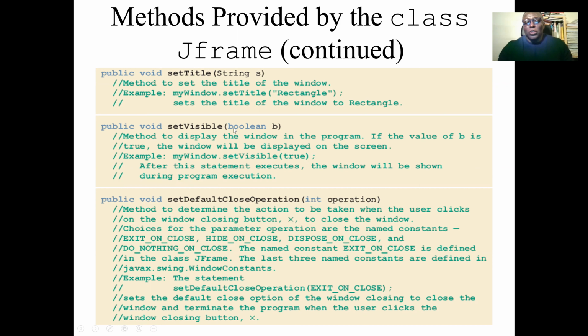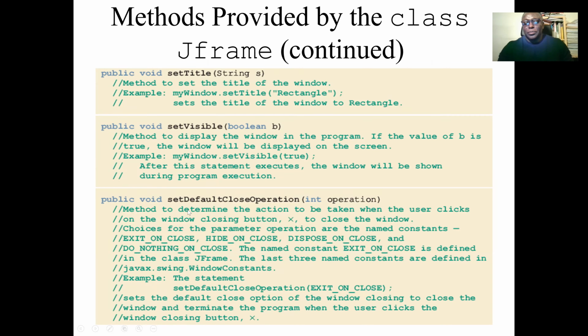If we set the argument to true, our window will display on the screen. If we set it to false, our window will not display. Here again, we used the constructor to create our window object, which is called myWindow. So I'll just say myWindow.setVisible(true) to display the window on the screen.